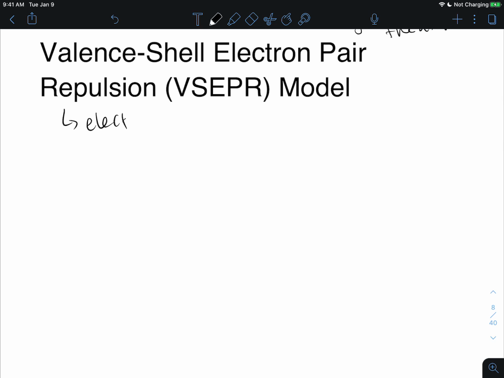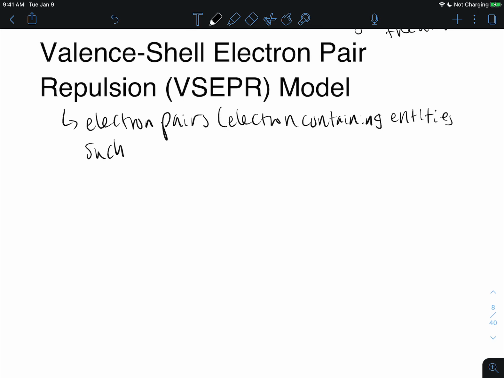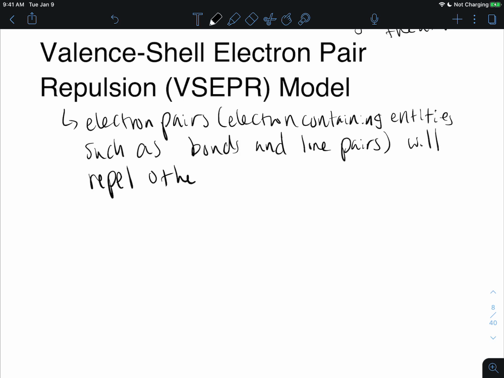So, electron pairs, or electron-containing entities, such as bonds and lone pairs, will repel other electron-containing entities.